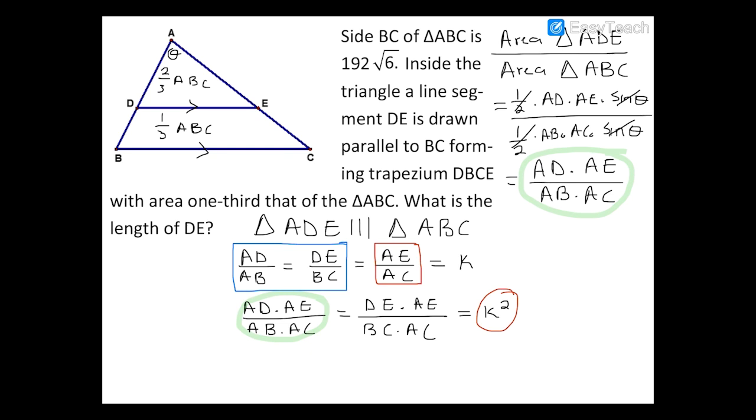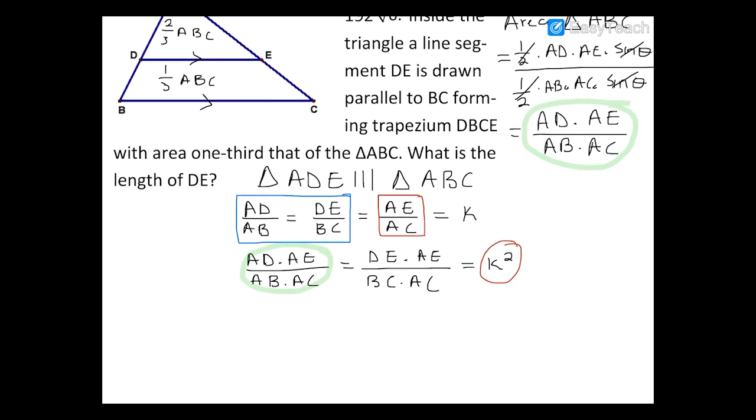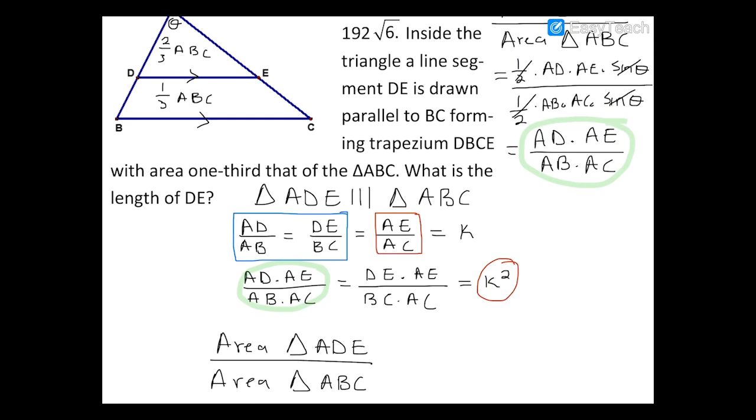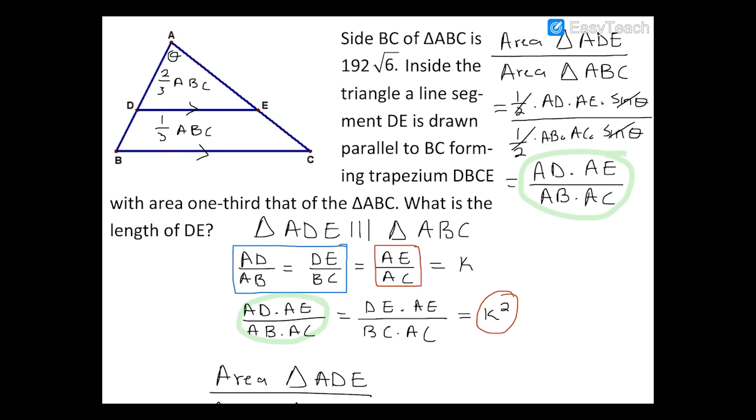Okay, so if we take from this problem the area of triangle ADE and we divide it by the area of triangle ABC, what do we get? We know now that the area of ADE is 2/3 of the area of ABC.